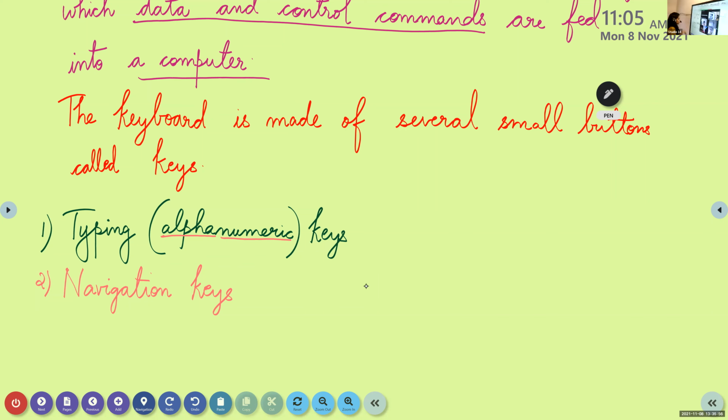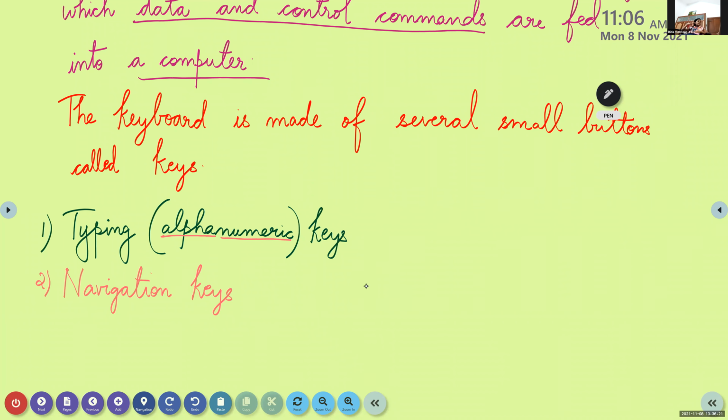And if you want to go down, the downward arrow key, isn't it? And also to move the page when you're preparing a Word document, if you want to move the page up, you have a page up key. If you want to move the page down, you have a page down key.